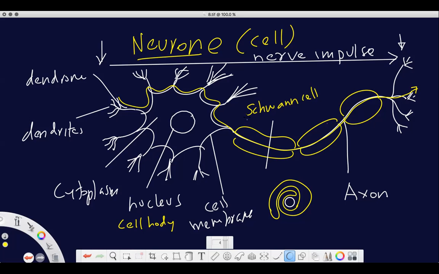So if we have another neuron in front, that neuron can communicate with this neuron. This neuron can communicate with another neuron. So they can make a long connection by aligning many neurons to make a long pathway. And if this axon is quite long, they can also bring signals, let's say from the brain.